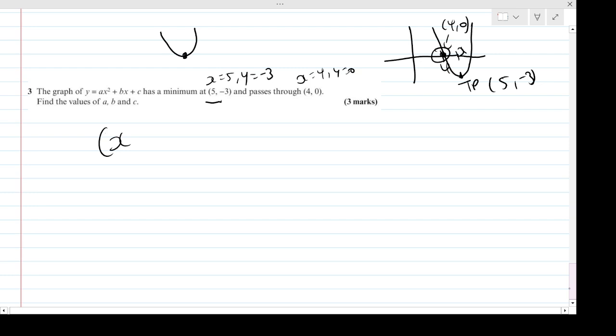So if the bracket's equal to 0, then if x is 5, it has to be minus 5 to counteract it to get 0. Well, then if I put the 5 in for just x, there we are. That tells us our bracket, okay? And that makes sense because then if x is 5, that clearly equals 0, which is what we want. And then the minimum value, the y value, is going to be the minus 3 at the end. Okay.